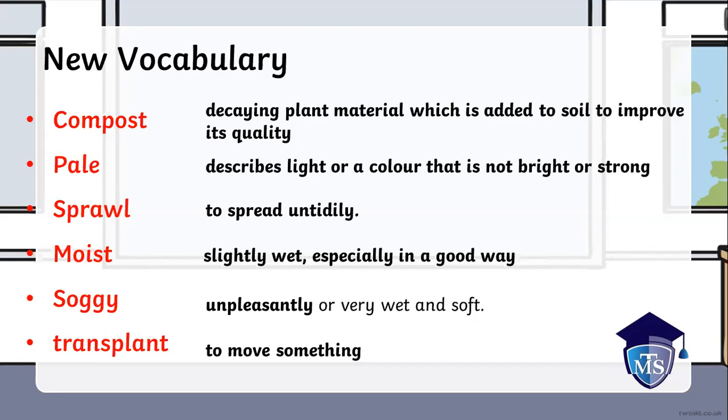Pale describes light or a color that is not bright or strong. Sprawl, to spread untidily. Moist, slightly wet, especially in a good way. Soggy, unpleasantly wet and soft. Transplant means to move something.